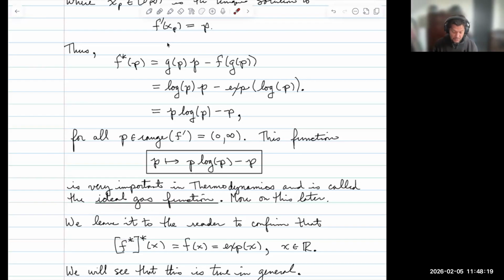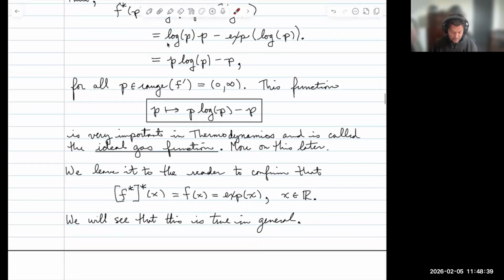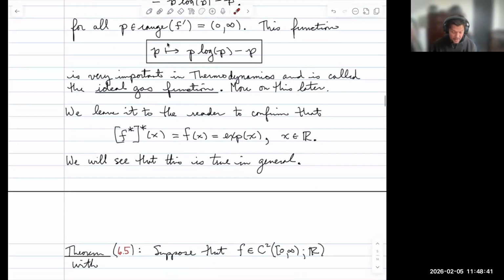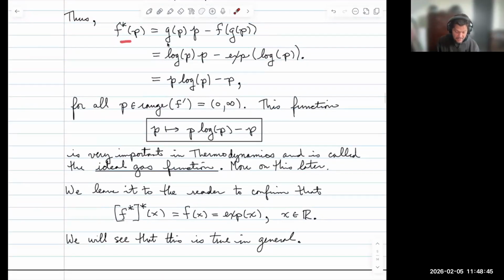Now, when we were dealing with the ideal gas law for gases previously, we didn't see this function coming up, but it does have a connection to ideal gas, and we'll see this again and again. But in any case, this function is important enough to get its own name. It's called the ideal gas model. More on this later. Now, this is the Legendre transform of e to the x.